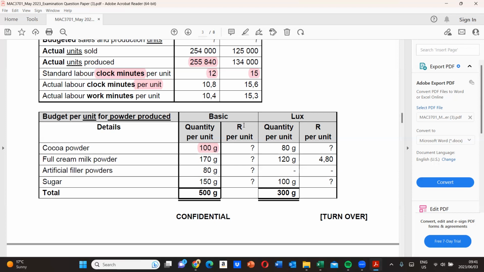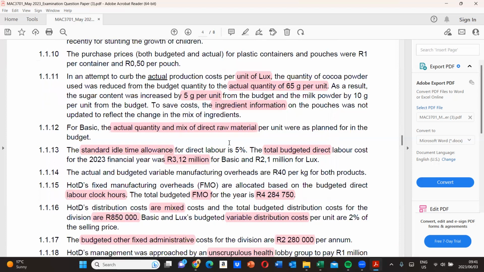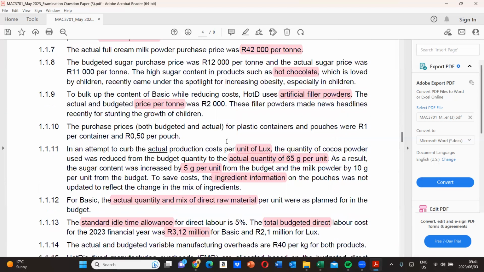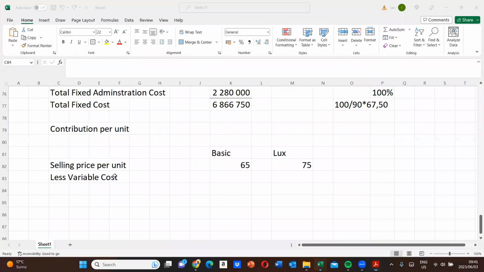It wasn't really that easy, if we want to be honest. It is what it is, we just have to work. So cocoa powder cost 70,000 rand per ton.